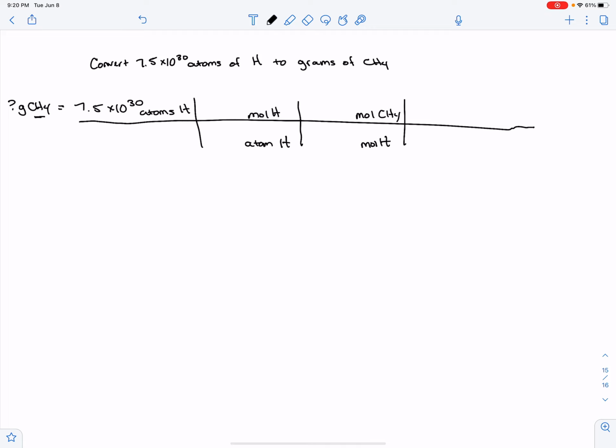And I'll show you the relationship in just a second. As long as it's a part of something, you can just use the formula. Then we're going to go from moles of CH4 to grams of CH4.